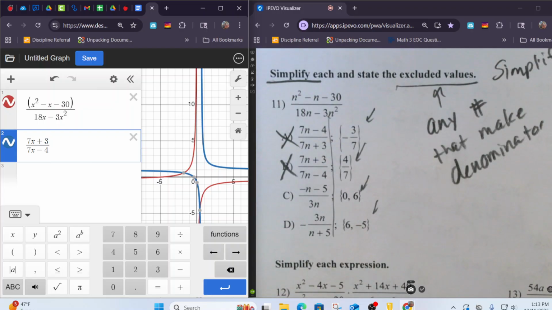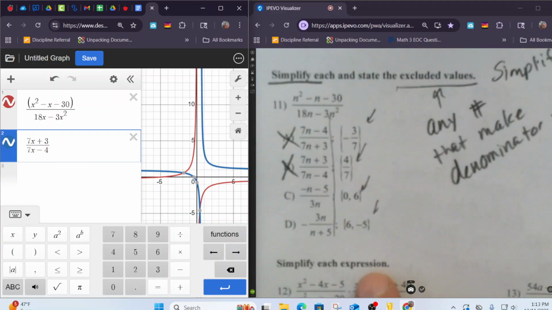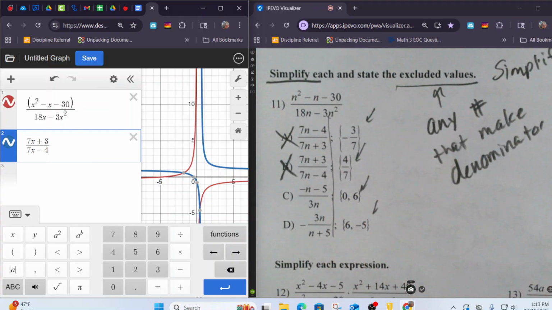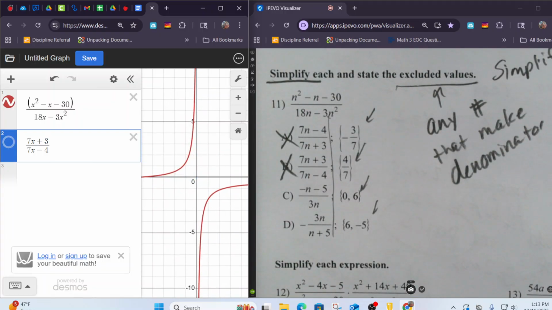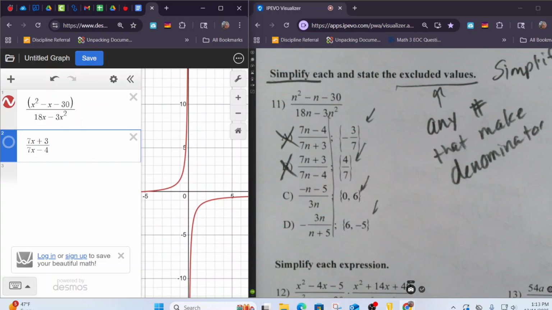All right, guys, knowing where my vertical asymptote's near, if I know what a vertical asymptote is, which one of these does it have to be? C or D? C, because right here, I bet you that's the vertical asymptote.